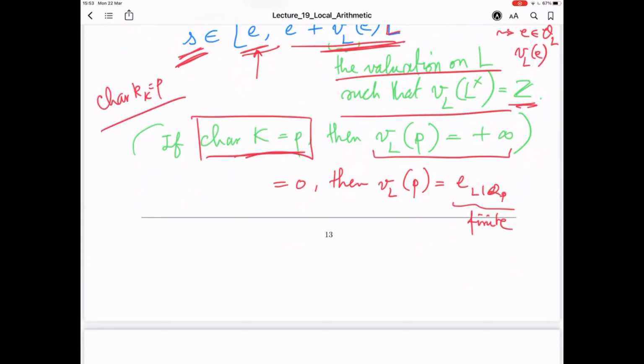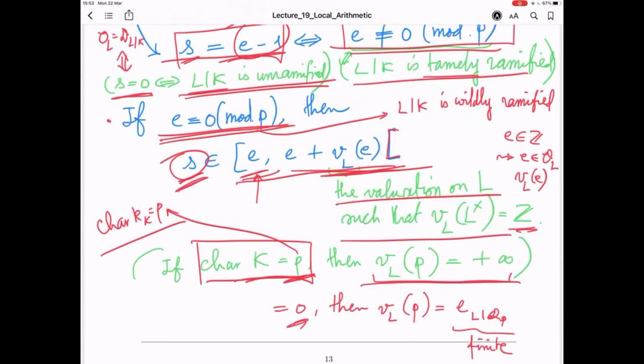So if the characteristic of K is equal to P, it's the same as the residual characteristic, then VL of P is plus infinity. So this theorem is saying that in that case, the exponent may be unbounded. And we'll see that actually, yes, there are extensions of degree P, for example, which have arbitrarily high exponents of the different.